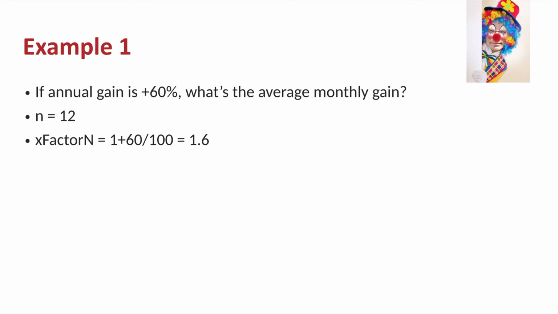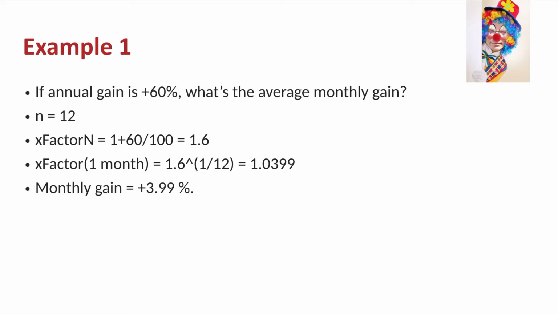So it's 1 plus 60 hundredths, which is equal to 1.6. And then we can calculate. So the x factor for 1 month is then 1.6 to the power of 1 over 12, which is 1.0399. And the monthly gain is then the delta to the 1, so it's approximately 4%.